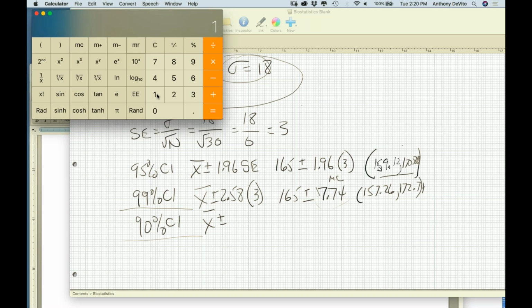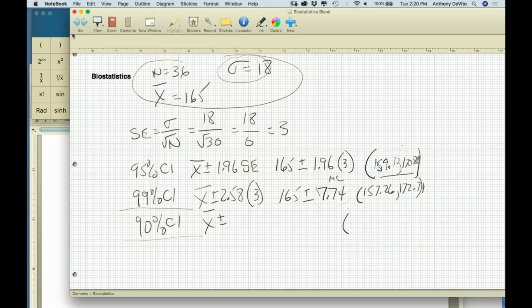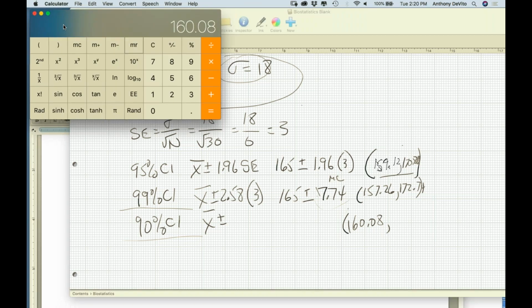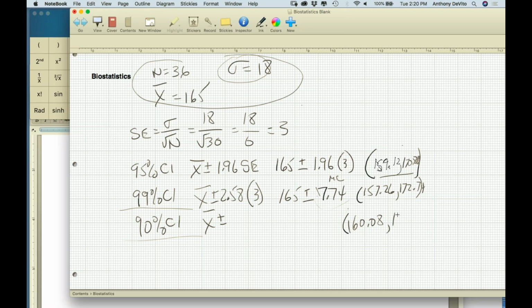And it's going to be 165 minus 4.92, which is going to be 160.08. Oh no, 4.92. Added to that would be 169.92. There we go. Good. You guys are actually doing it ahead of me now.